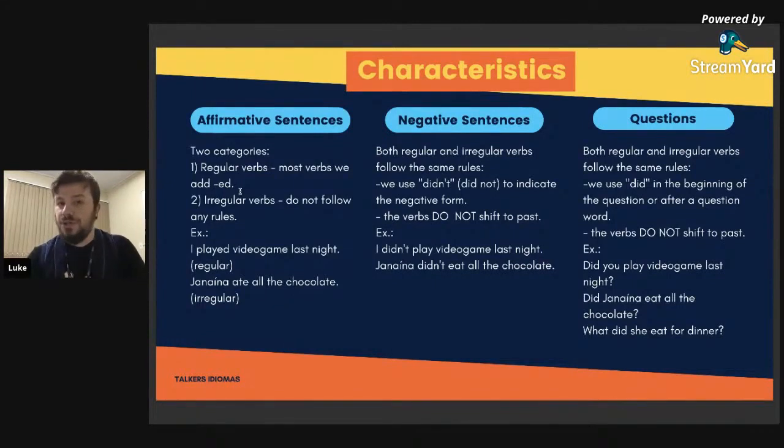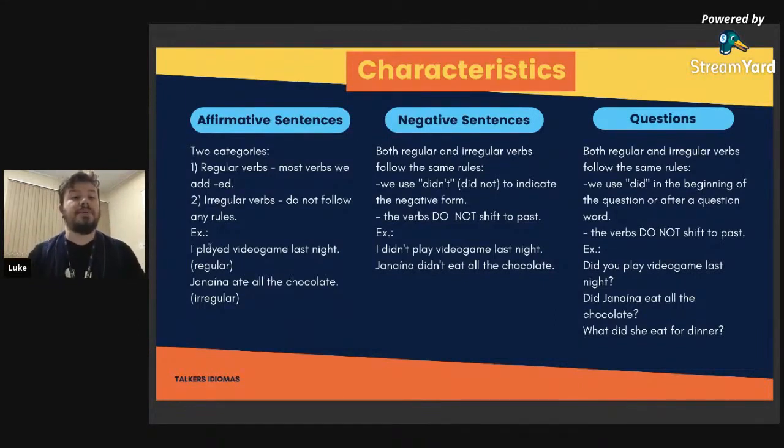But I have good news for you, because as long as we keep practicing and we continue studying English, it becomes easier and easier after some time to memorize, especially the most common verbs.